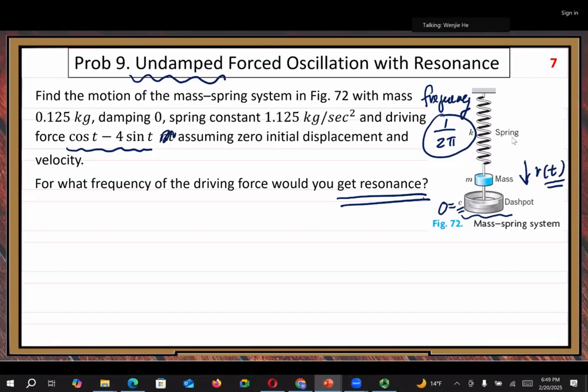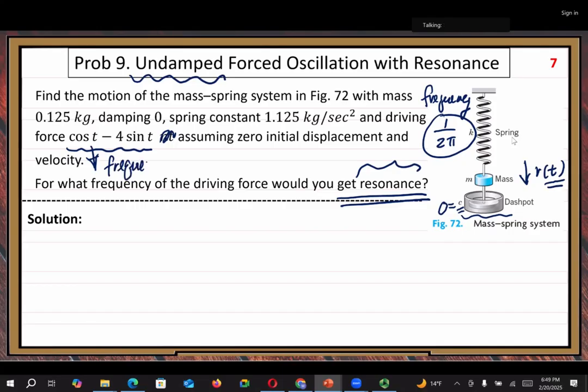When we design a system, we need to consider the potential damage caused by resonance. But here the frequency is fixed, because the driving force is given.